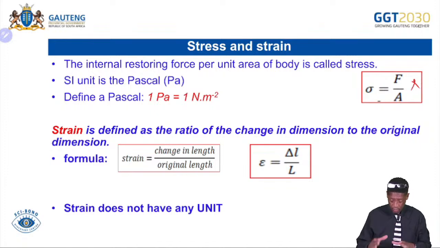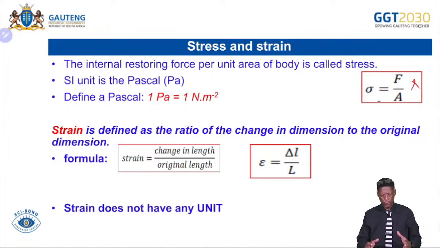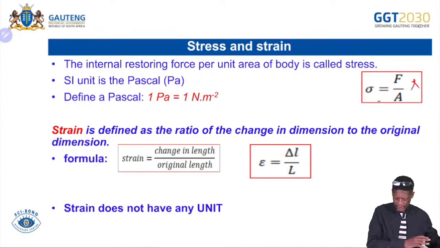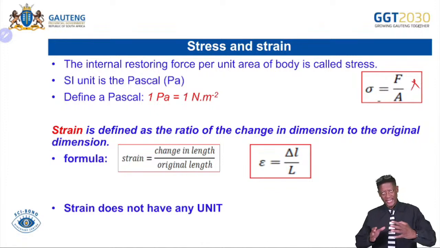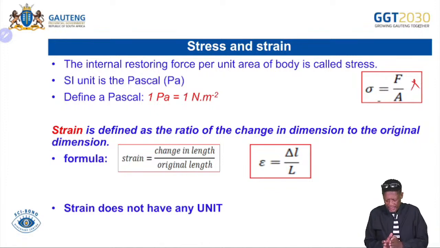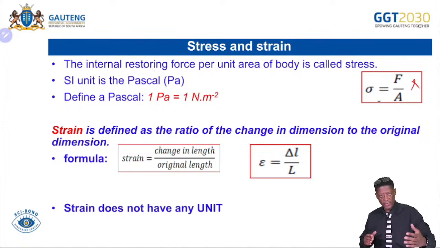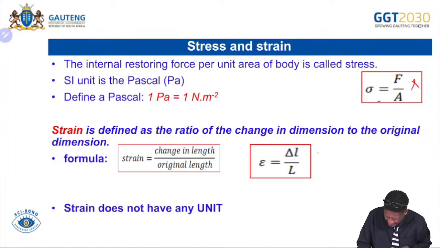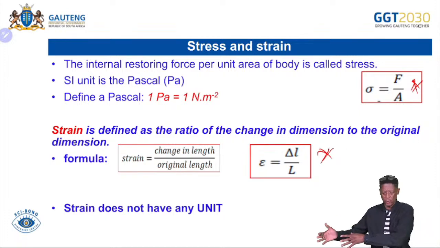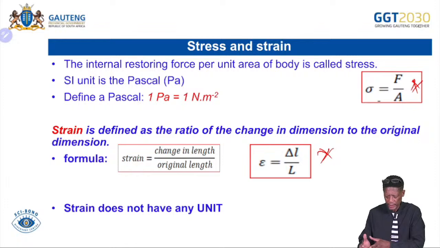Now we have the strain, also in the scientific sense. It's the extended length over the original length, or the change of length over the original length. These are the formulas that you get in your data sheet.